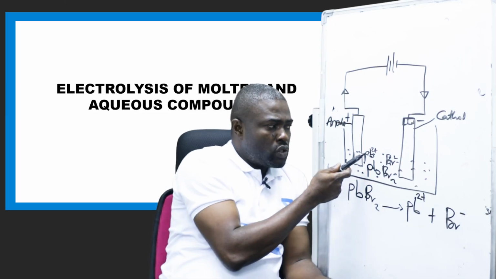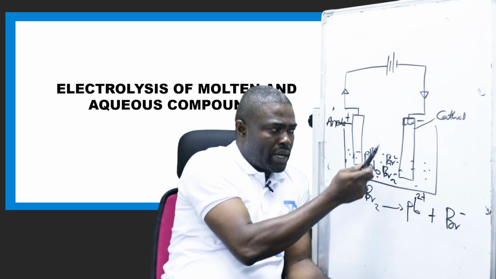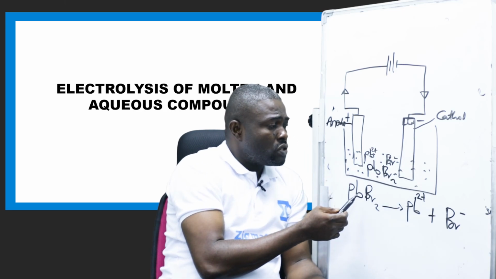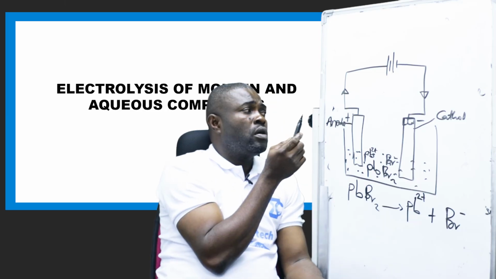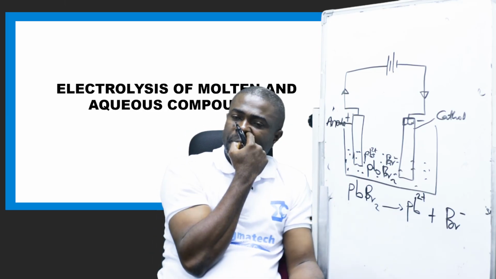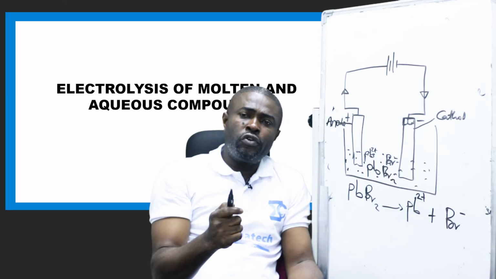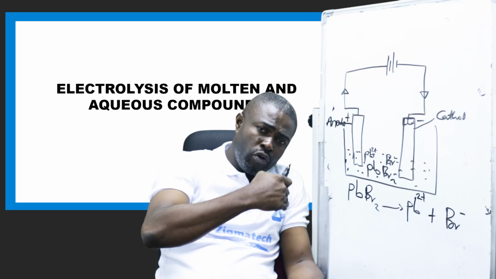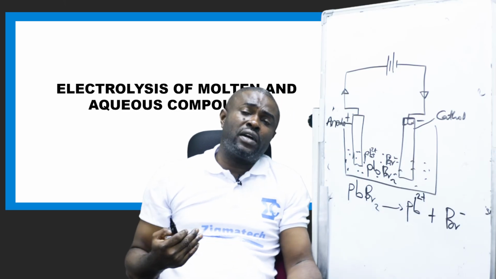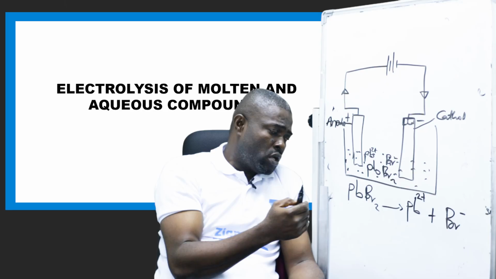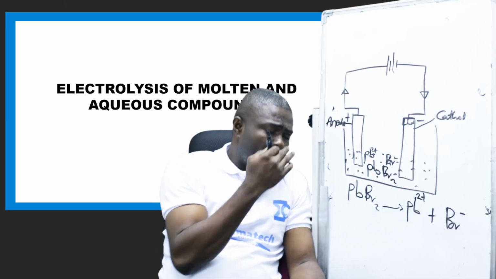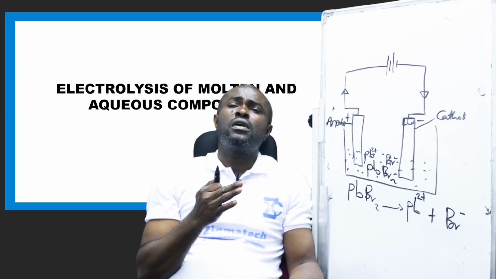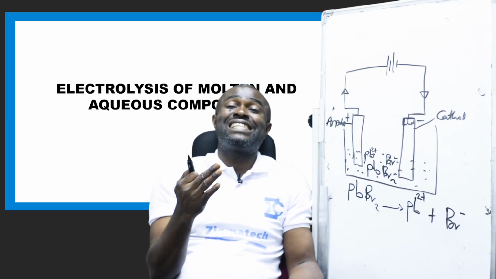Tell me, between lead-2 plus and Br minus, which one is positive? Lead-2. So where will this lead-2 move to between the two rods? It will move to the negative because lead-2 is positive. The positive moves to the negative, while the negative ion moves to the positive electrode. That means the lead-2, which is positive, is moving to the negative electrode. And the name of the negative electrode is the cathode.